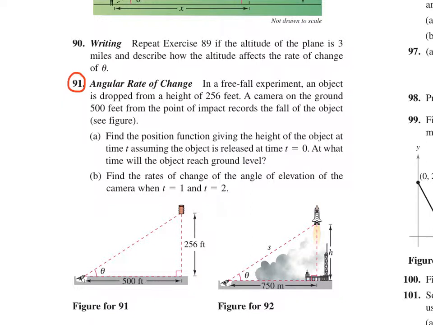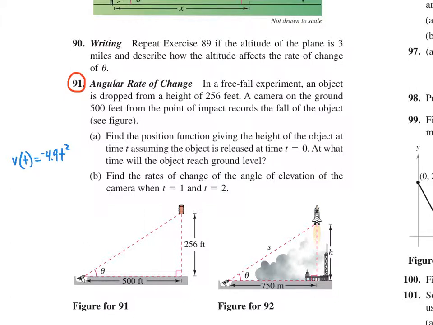Do you guys remember our velocity function for a free fall? 16t squared for feet. So this one would be 4.9 t squared, and it's actually negative because it's dropping, right? So negative 4.9 t squared.